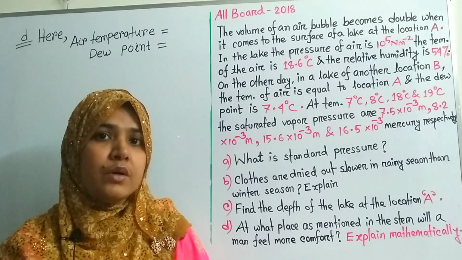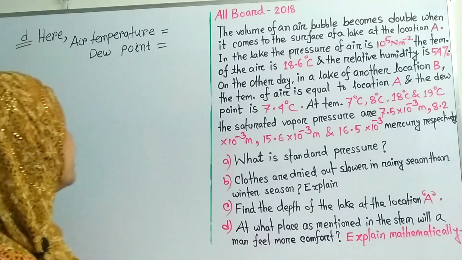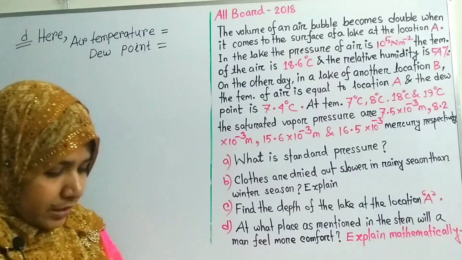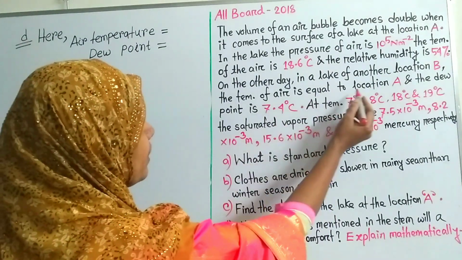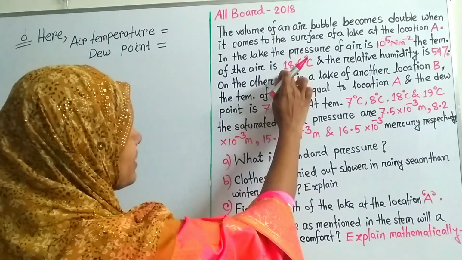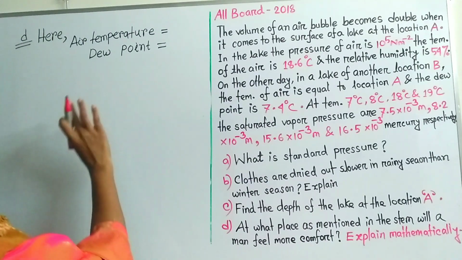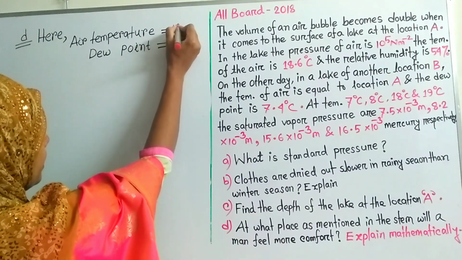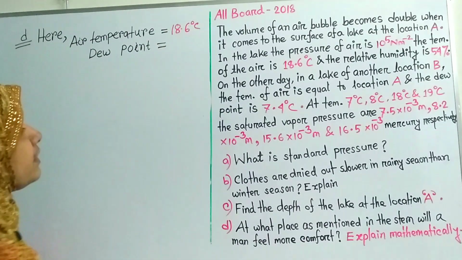So now the given information for question D is the air temperature. Here you can see that they mention the air temperature is equal to that of location A, which is given as 18.6 degrees Celsius. So we can write that air temperature is equal to 18.6 degrees Celsius.